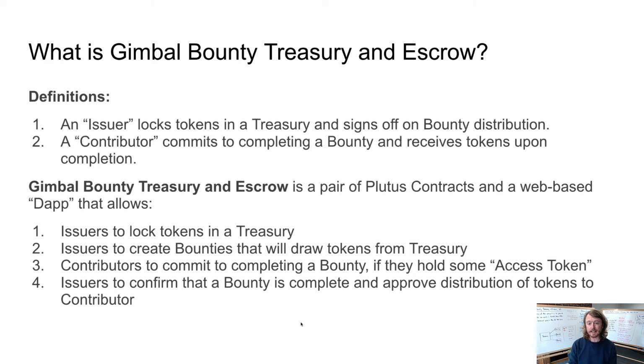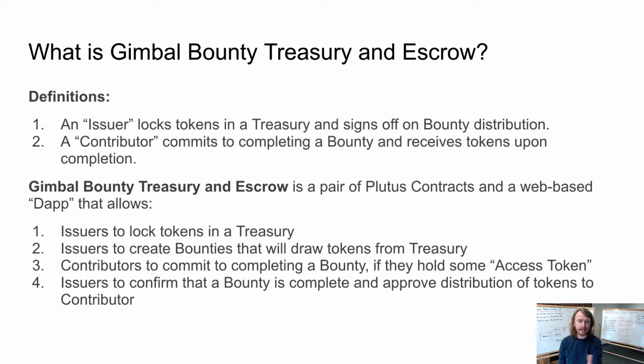It consists of a pair of Plutus contracts, one for a treasury and one for a bounty escrow, and a web-based front end that allows, one, users to lock some tokens in a treasury, two, issuers to create bounty listings that, if committed to, will draw tokens from a treasury. It allows contributors to look at that list of bounties and say, hey, I want to do that thing, where they commit to completing a bounty if they hold some access token.